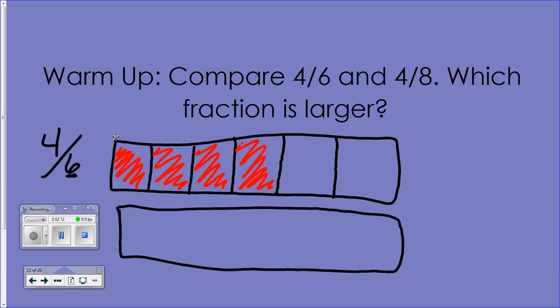All right, my next fraction is 4/8. Do I break it into fourths or eighths? Raise your hand to tell me. 8. How do you know? Because the denominator tells how many boxes. And our denominator is what? 8. Good. And our middle again.